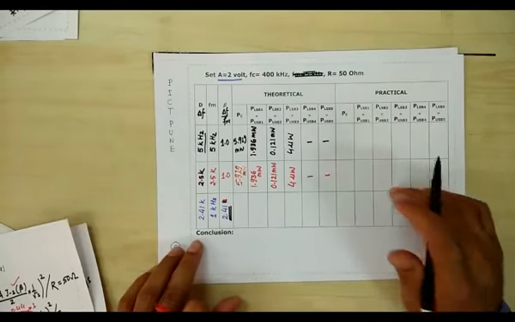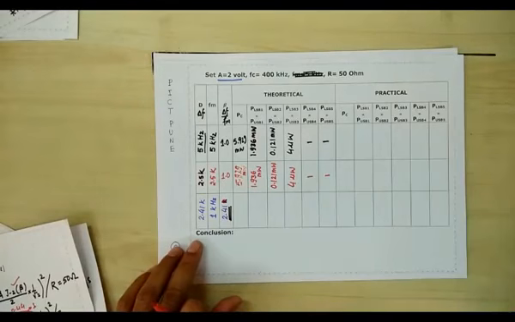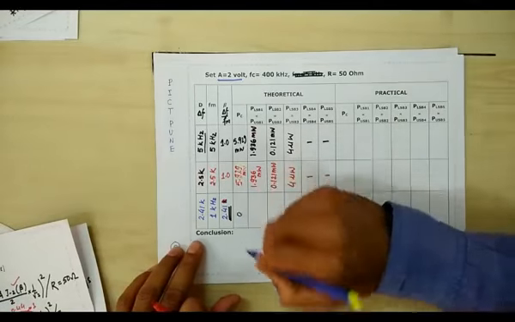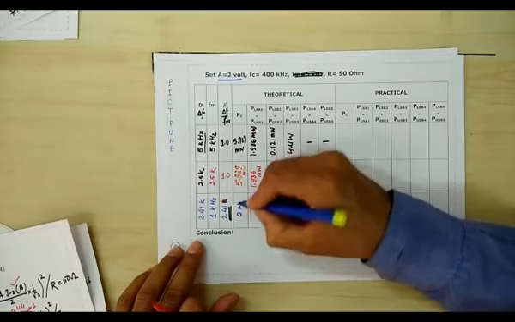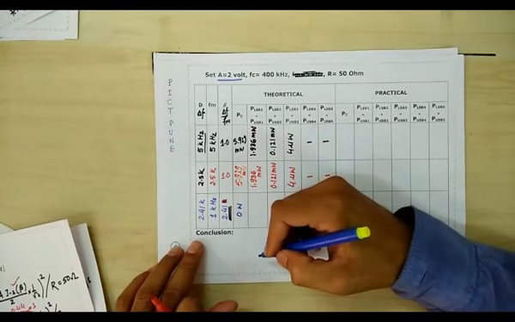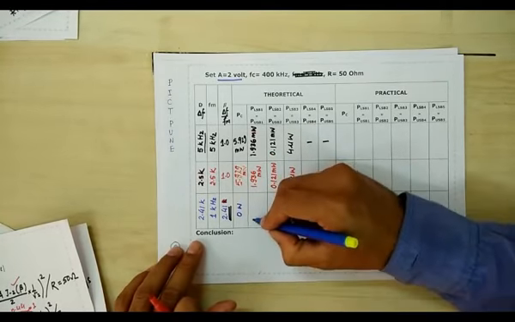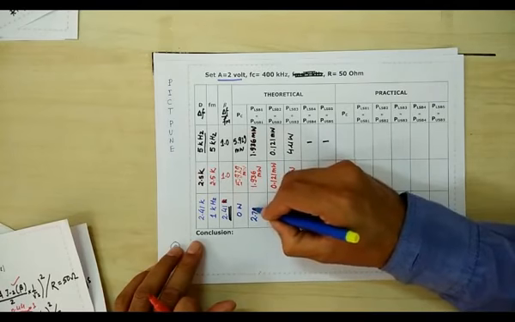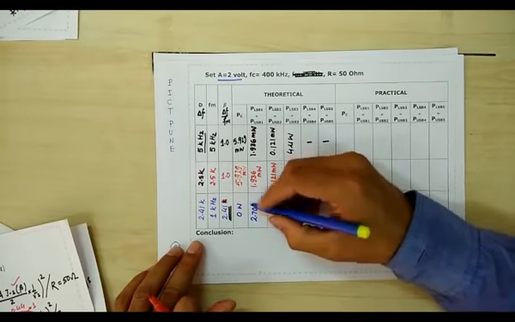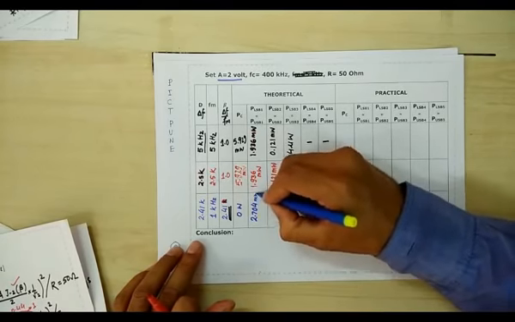So the values are, the first is 0, no power wastage in this one, so 0 watt. Second, this is approximately 2.704 milliwatt.